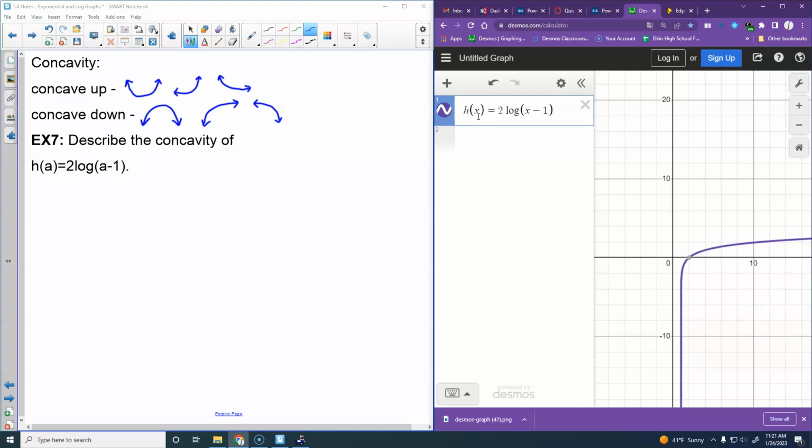When we look at other types of graphs, and we will later, concavity can switch in a graph. Concavity in logs and exponentials is always one or the other, just like increasing or decreasing. So it just matches the domain. For this graph, is this concave up or concave down? It's down, right? So this would be concave down.